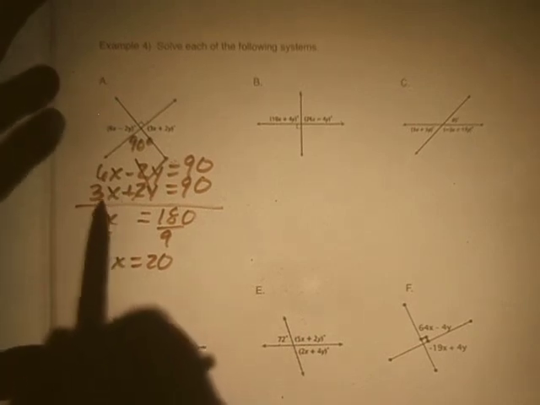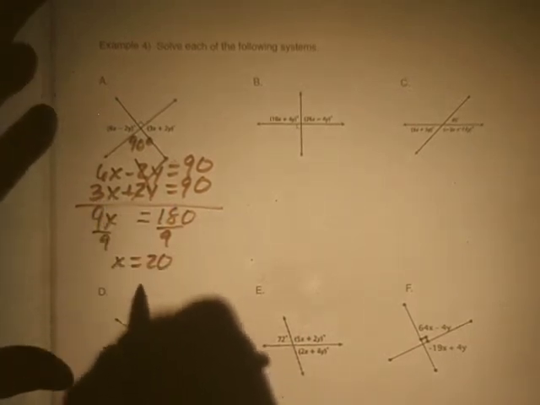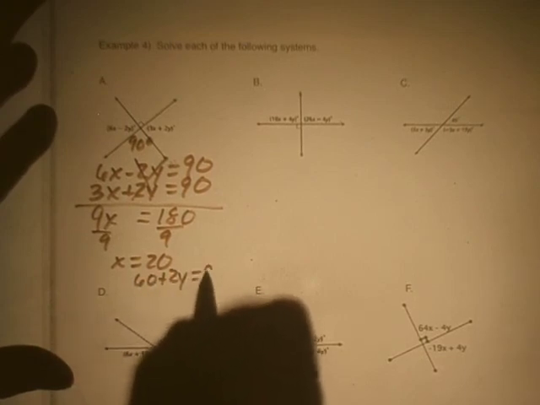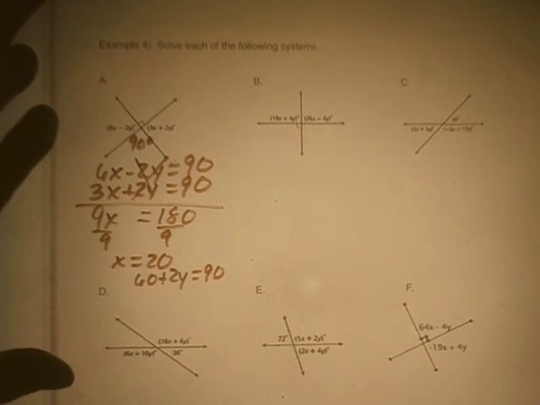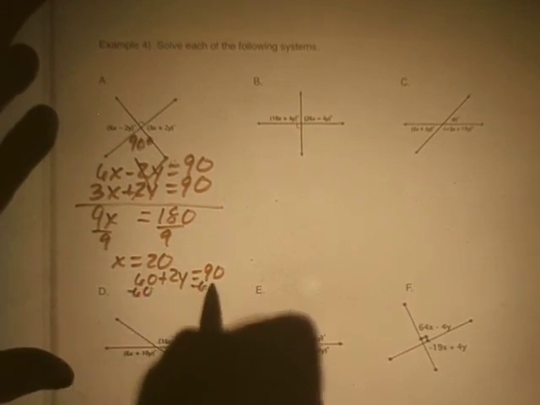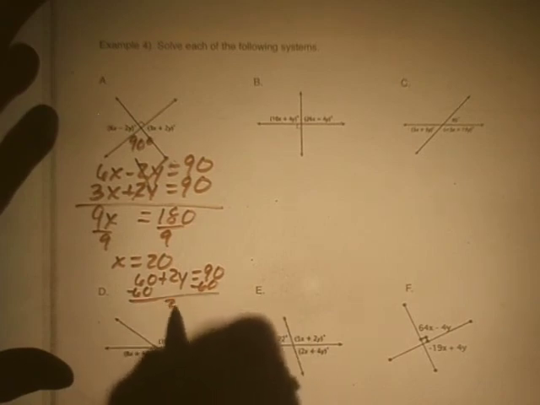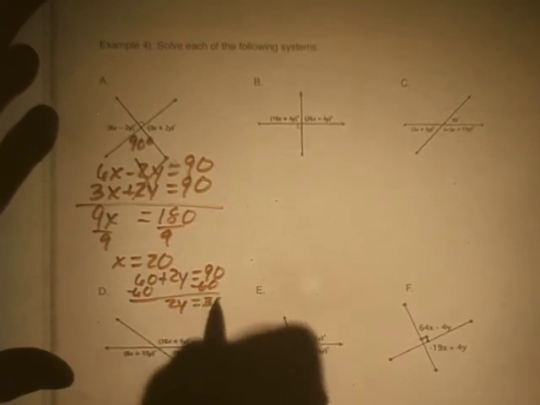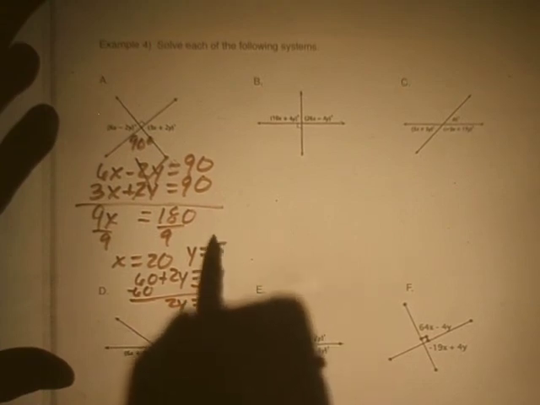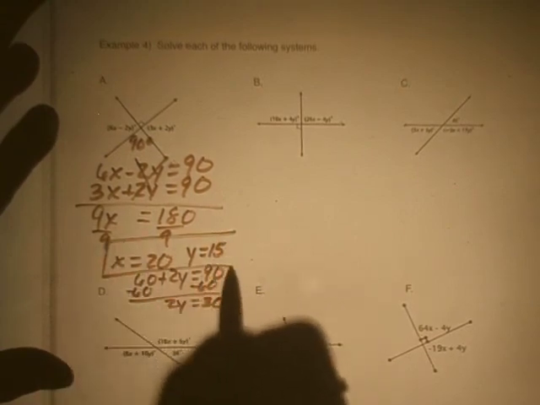I'm going to put it in the second equation right here. 3 times 20 is 60, plus 2y equals 90. You will subtract 60 from both sides, and you have 2y equals 30, and your y ends up equaling 15.